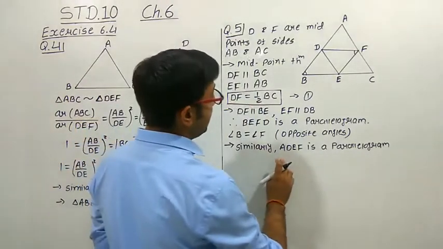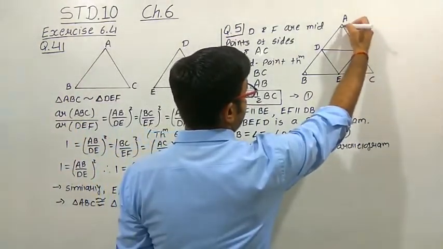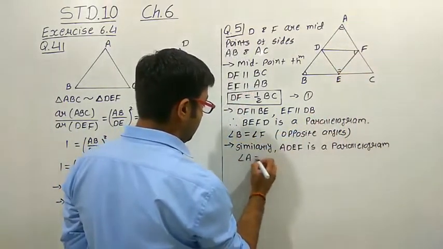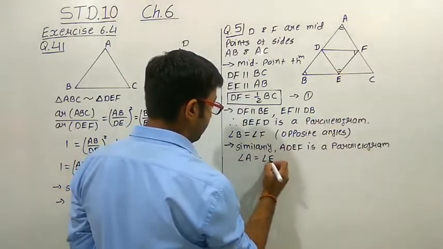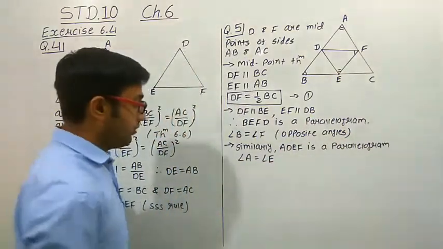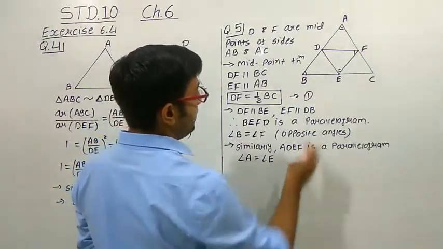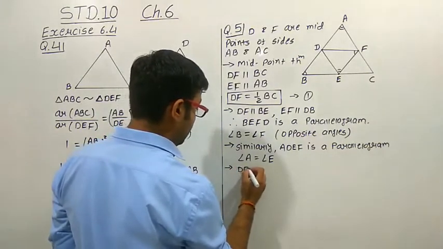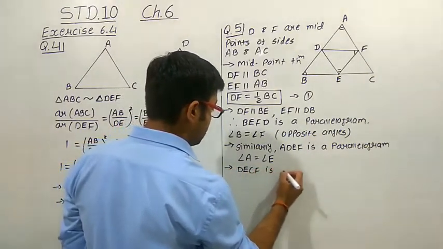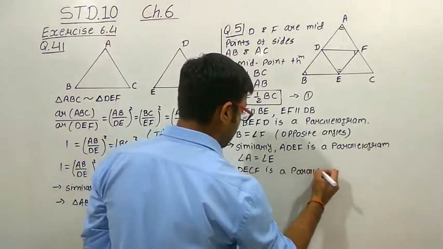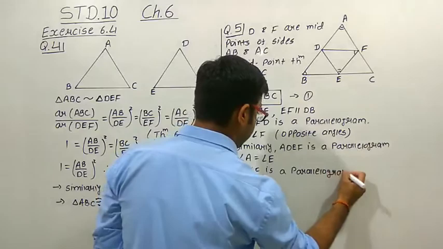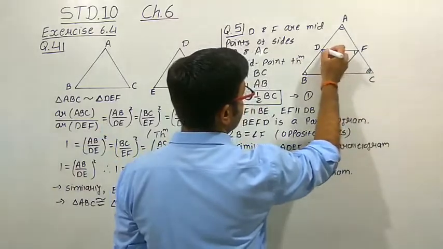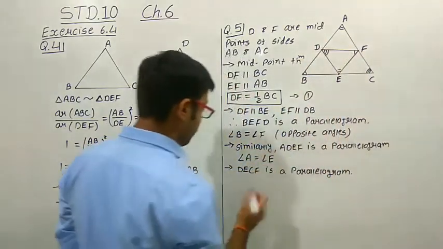When ADEF is a parallelogram, angle A will become equal to angle E. Again, the reason is opposite angles of the parallelogram. In the same way, we can prove that DECF is a parallelogram. So again their opposite angles, angle C and angle D, both will become equal.